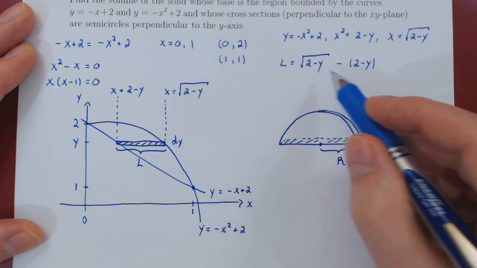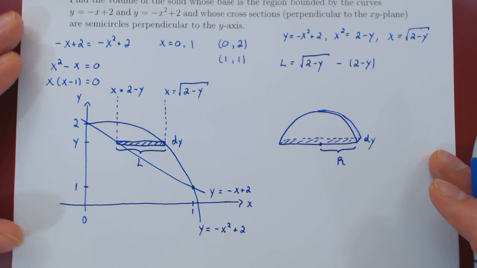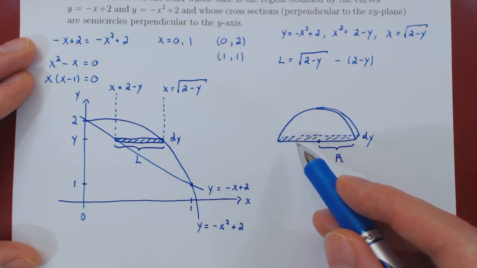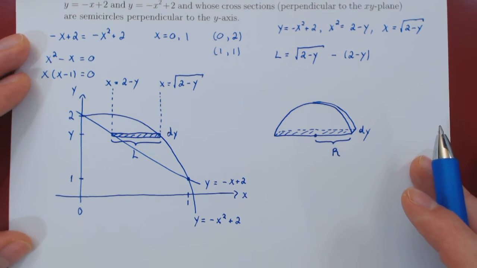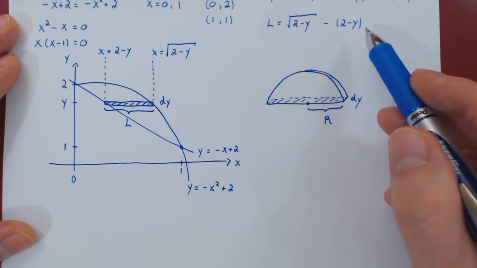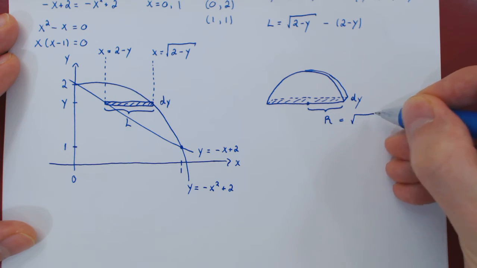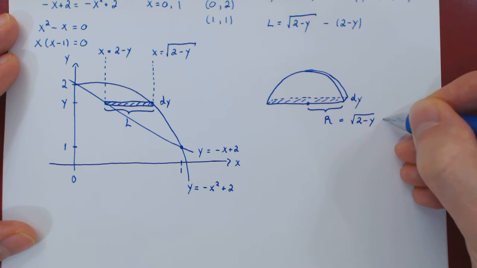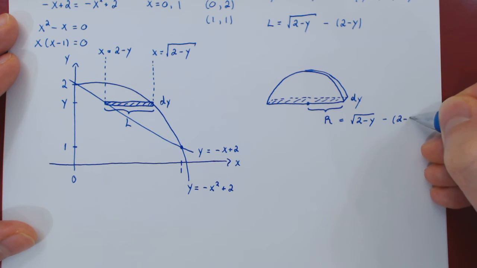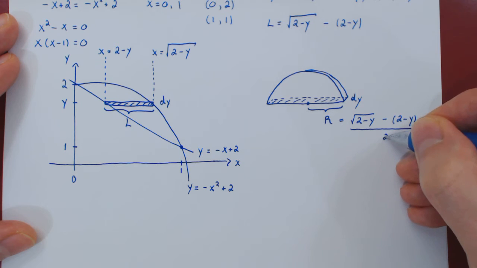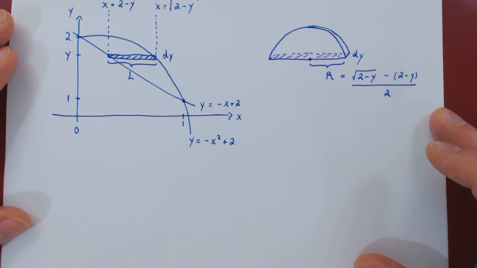And now we have the length of our rectangle in terms of y, and of course as we've said before, the radius is half the length of the rectangle, so the radius is simply this over 2. And now we're good to go.